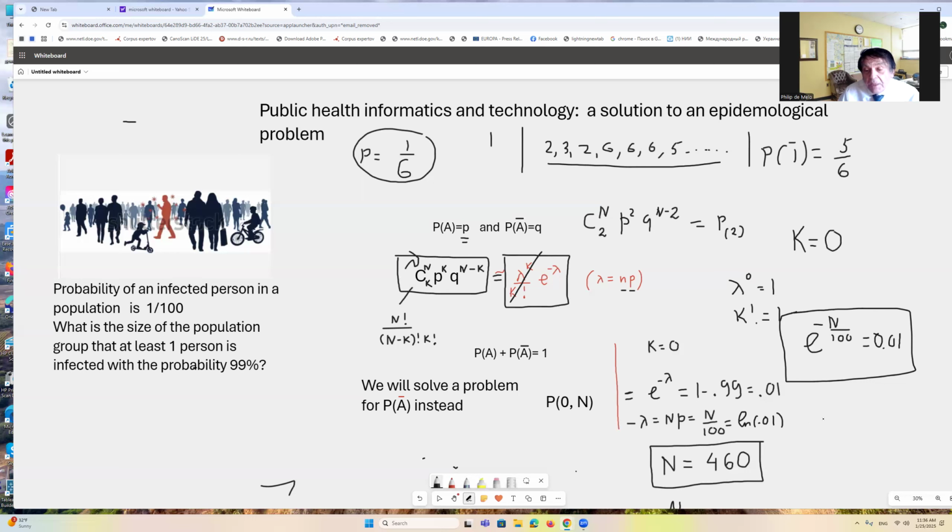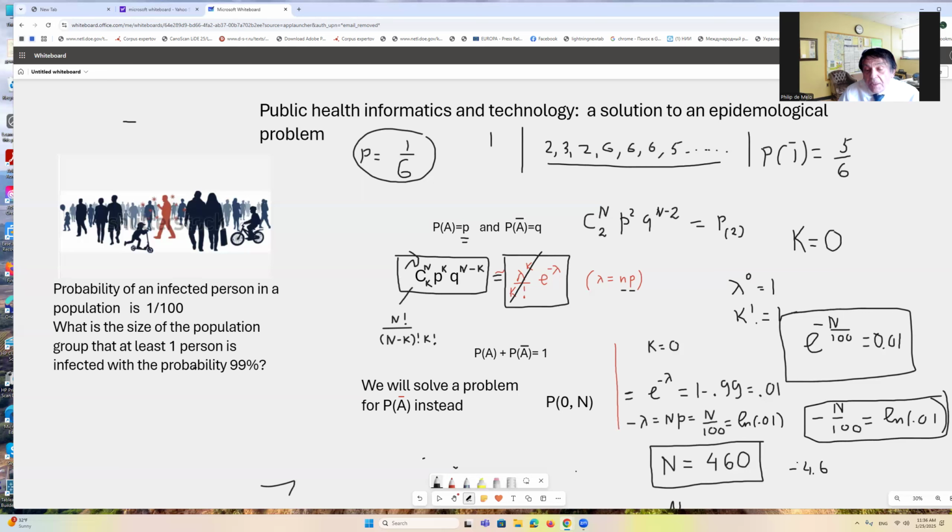It becomes right away minus n over 100, because the logarithm of e is 1, equals the logarithm of 0.01. The logarithm of 0.01 will give you negative 4.6.